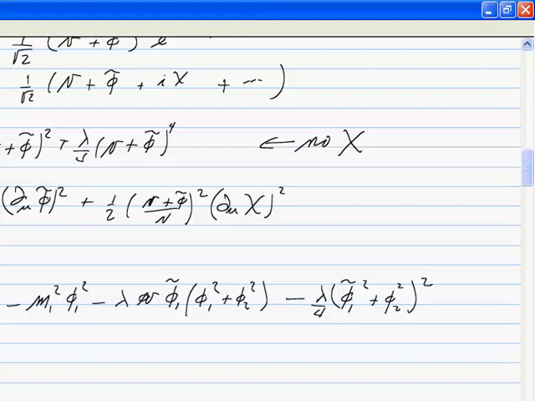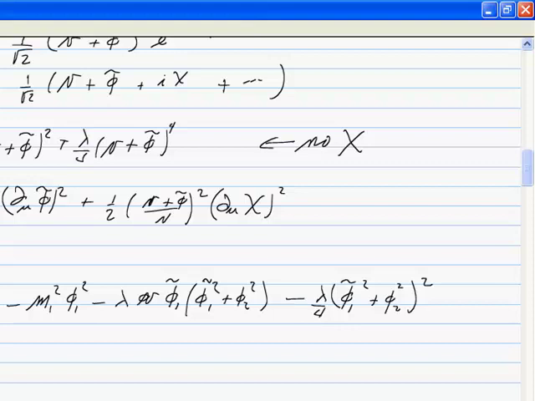That was the potential from above. This guy's massive; that should be a twiddle there. I can't write on the screen, but there we go. There are these cubic interactions, which I pointed out, and there are the quartic ones, which I also pointed out.